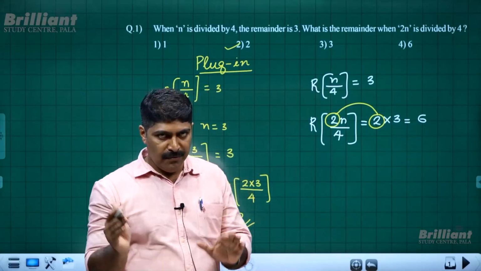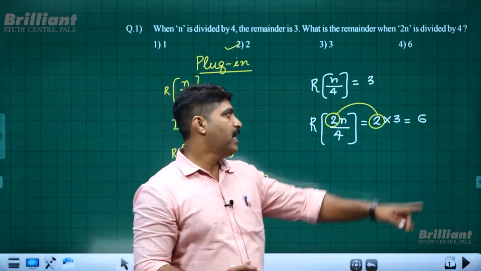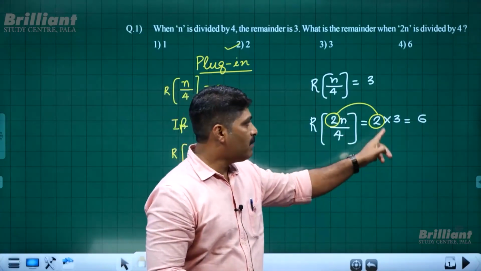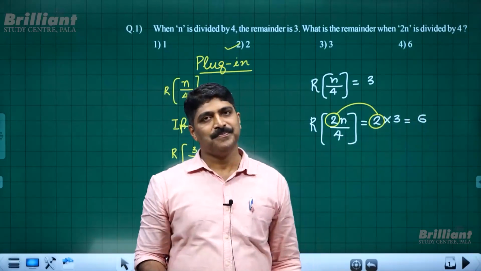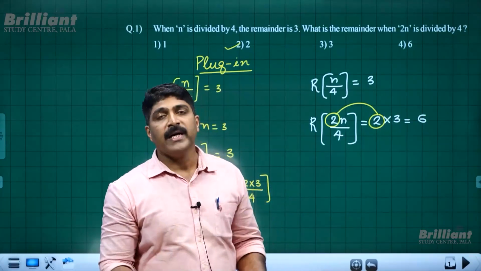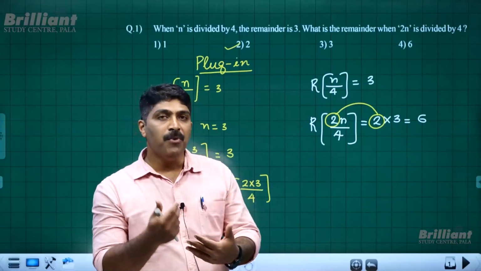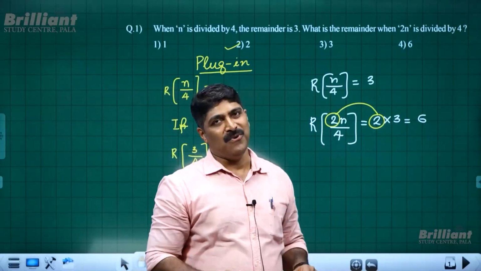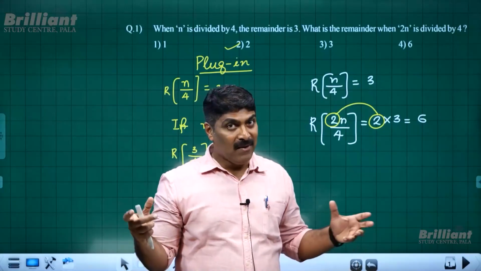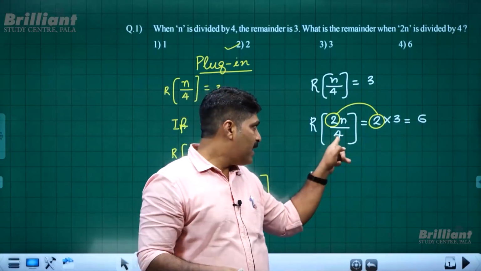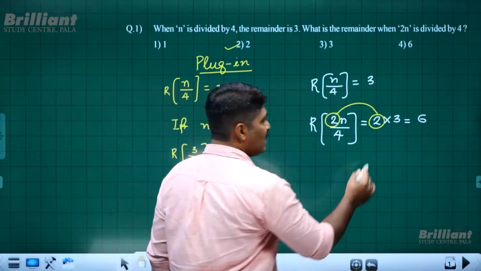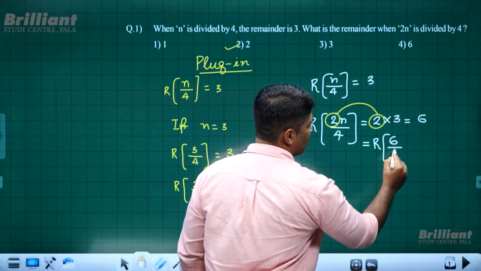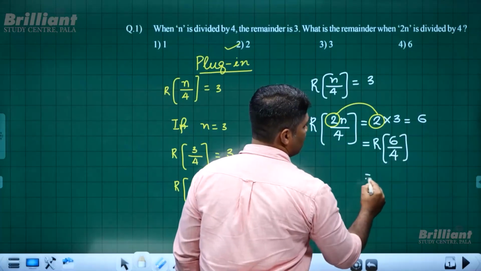In such a situation, you have to understand it's an operational remainder, which means through this concept we got the remainder as 6. That's not a wrong conclusion, but to make it correct, you again divide this 6 by 4. Why? We know the remainder should be less than the divisor. So you simply consider the remainder when 6 is divided by 4, which is equal to 2.